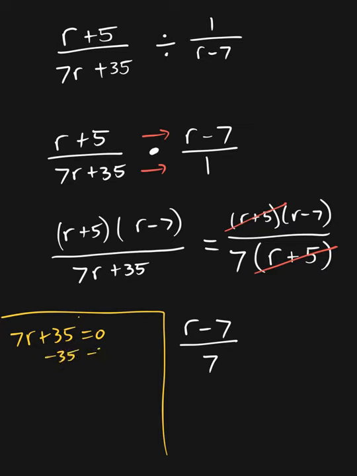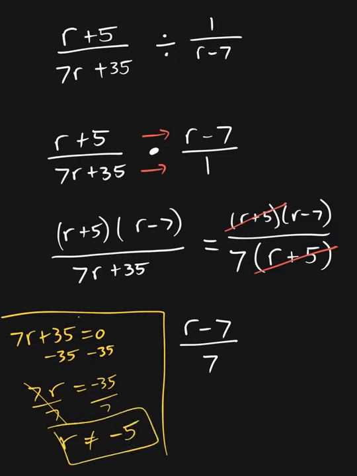Minus 35, minus 35, 7r equals negative 35, divide by 7, r cannot be negative 5. Oh, look, that takes care of the situation over here where r could have been negative 5.